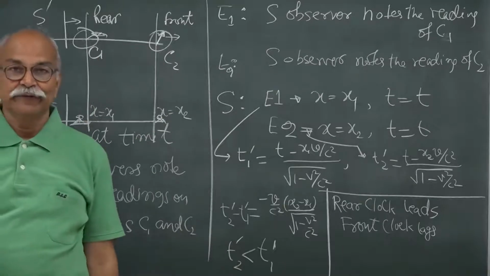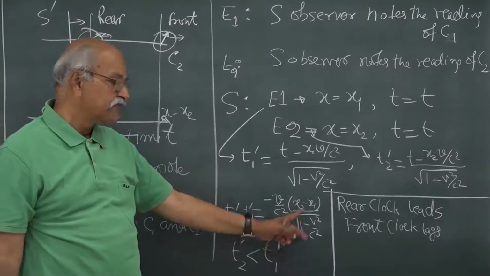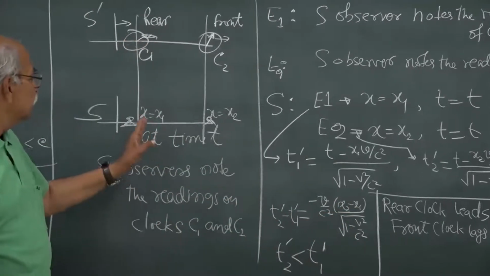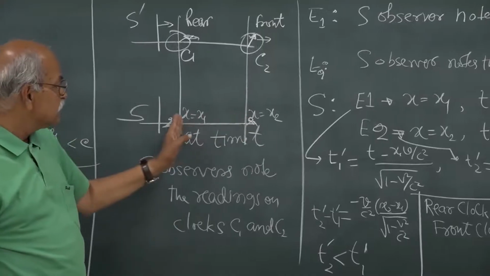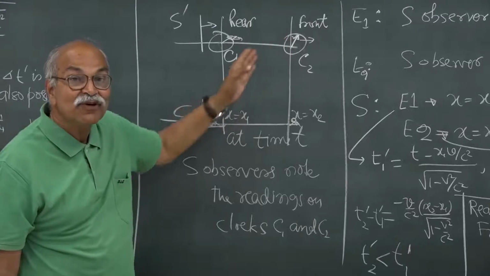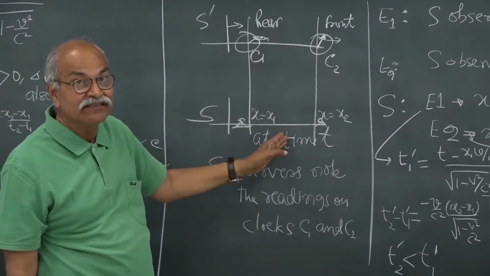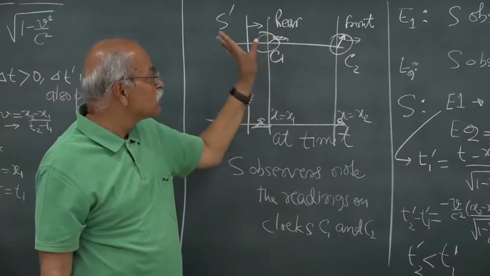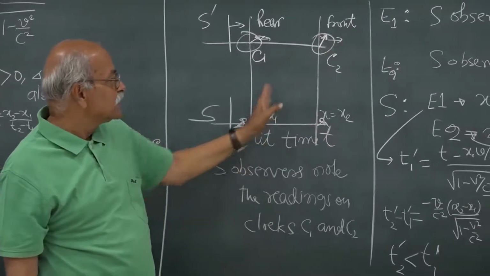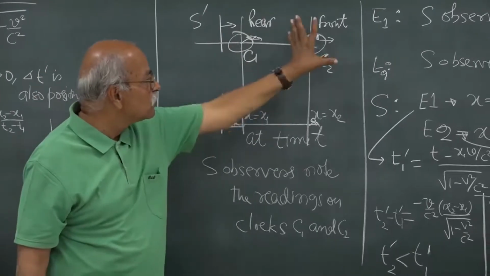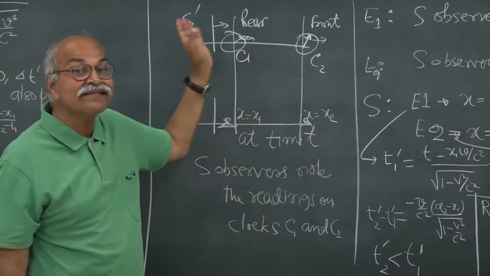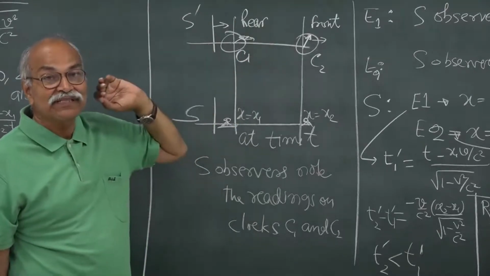By how much? Here is the difference, and you can see what x2 minus x1 is. x2 minus x1 is the separation between the clocks as measured from the frame S, and in the S frame these clocks are moving. So, x2 minus x1 is the separation between these moving clocks, which should be less than the rest separation between these clocks.